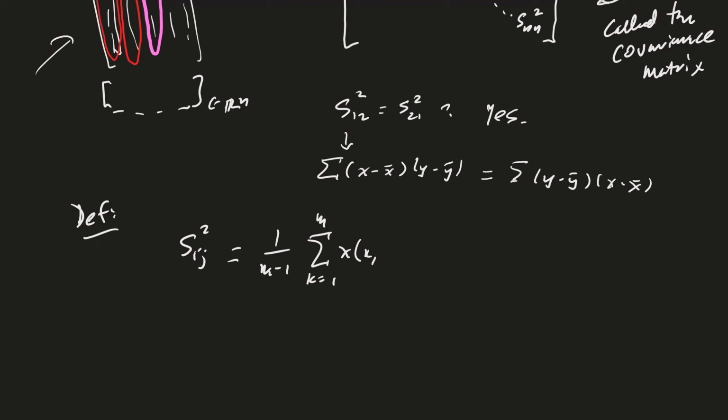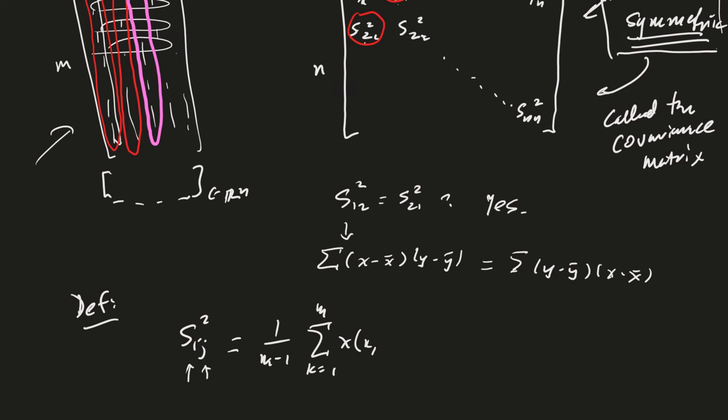Let's see. I guess I better be careful with my i and j, right? So i and j means I'm taking column i with column j, and then I'm going to be summing down the rows.